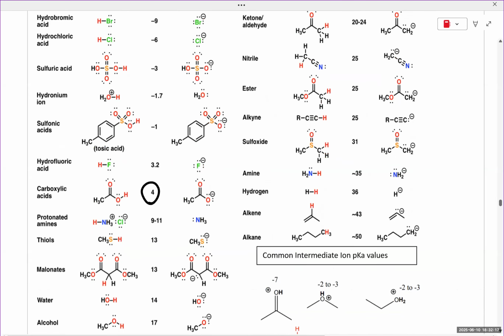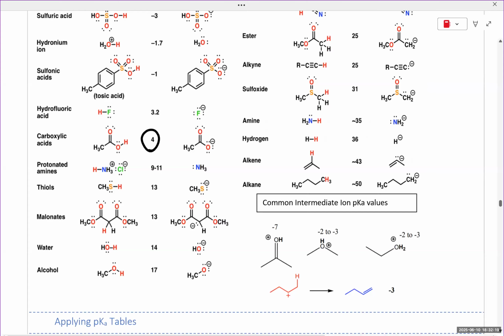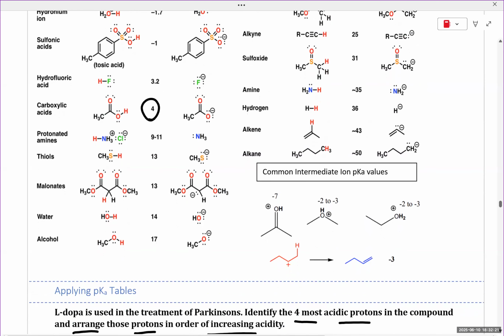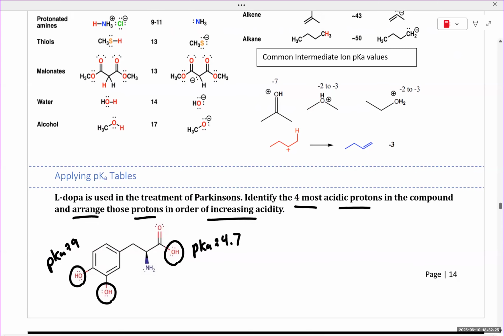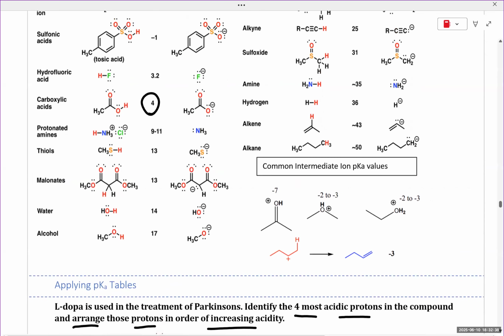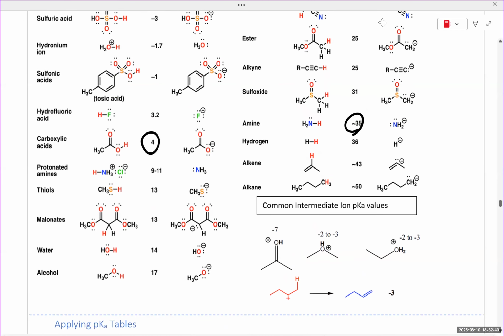And for the phenol, even though it's not in this table, there are also some additional tables found in your book that have the phenol pKa values tabulated. We also have an amine, which has a pKa value of about 35, 33. See that right here.